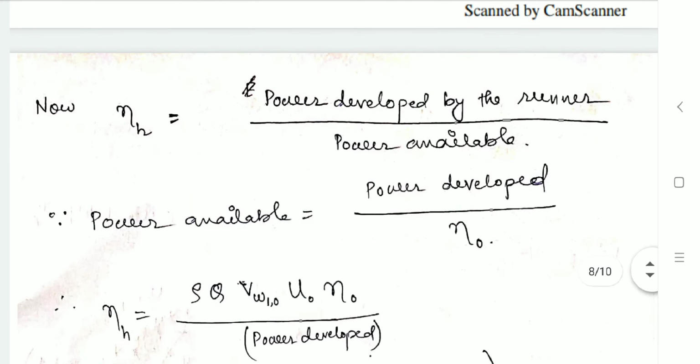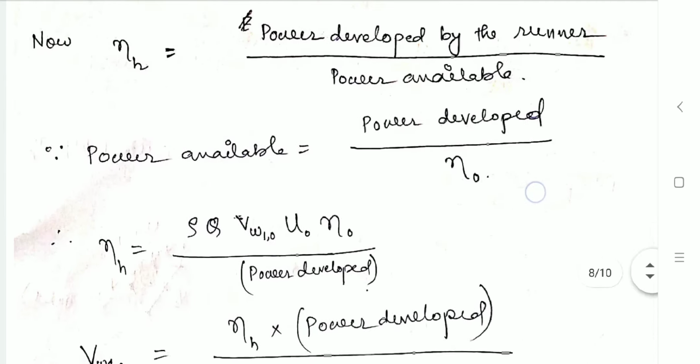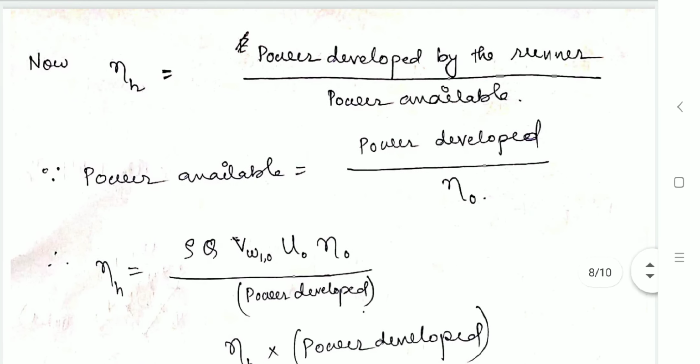Now we know that hydraulic efficiency is given by power developed by the runner divided by power available. Since power available is equal to power developed divided by overall efficiency, we substitute the value of power available in the formula of hydraulic efficiency.